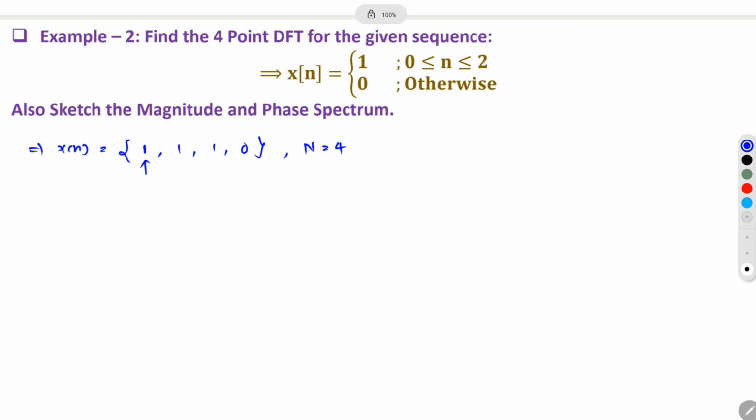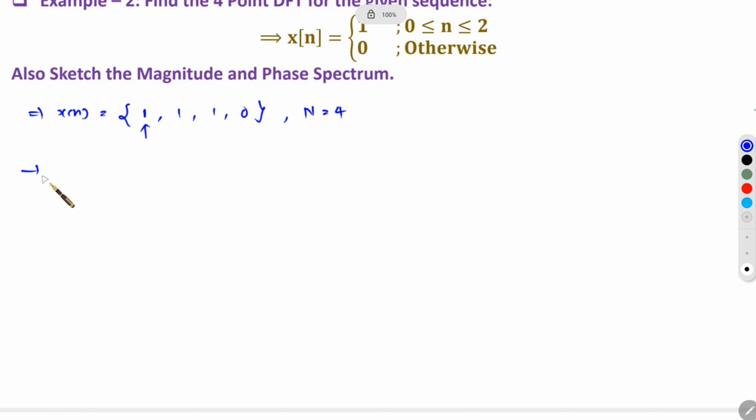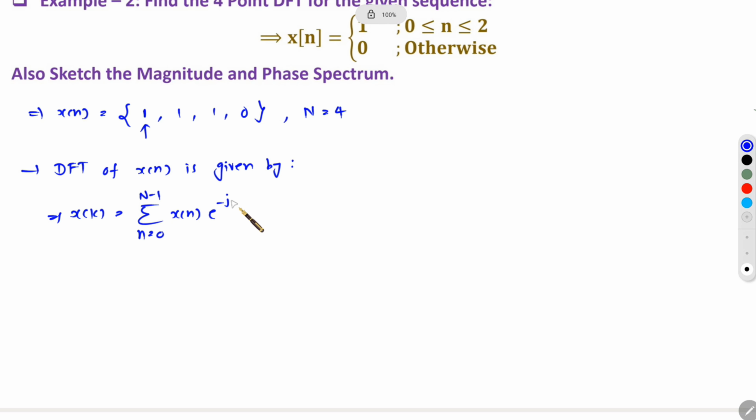So first of all, I'll identify the DFT. The DFT of x of n is given by x of k, and that x of k will be the summation where small n ranges from 0 to capital N minus 1, x of n into e to the power minus j 2 pi k by capital N into small n.